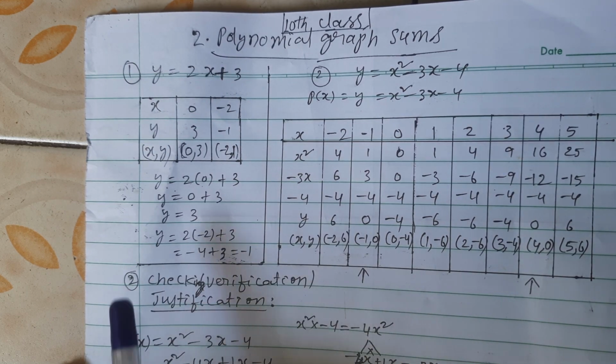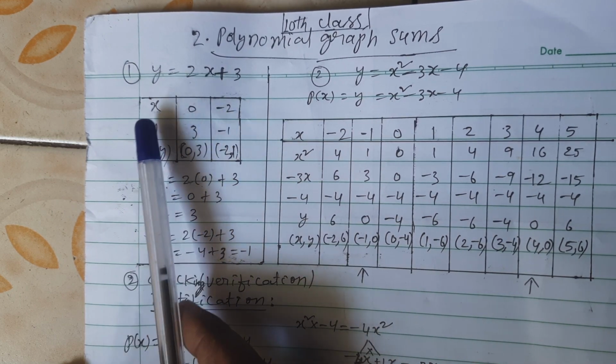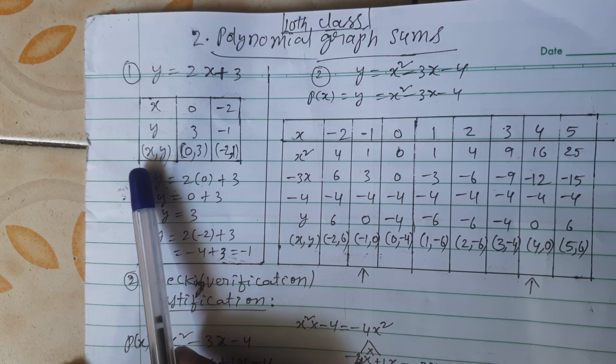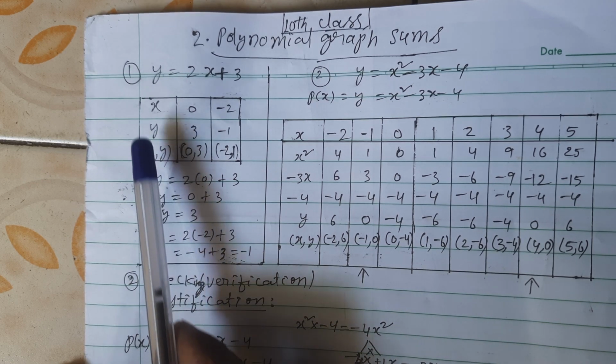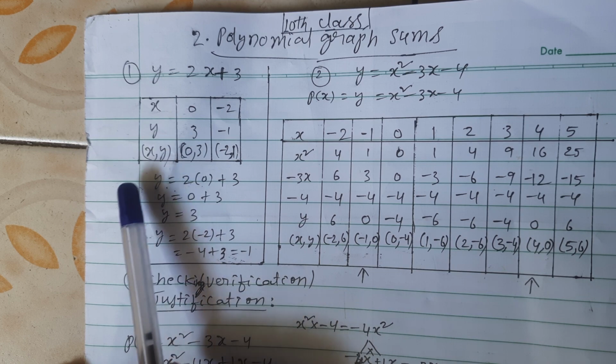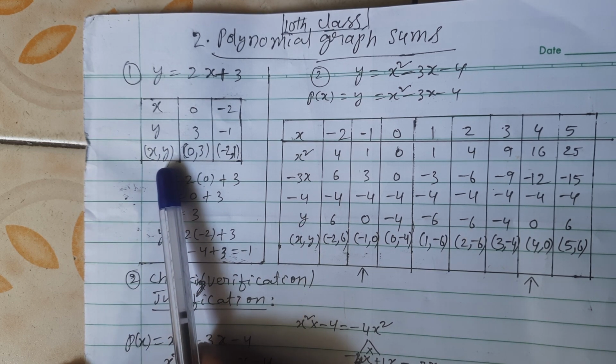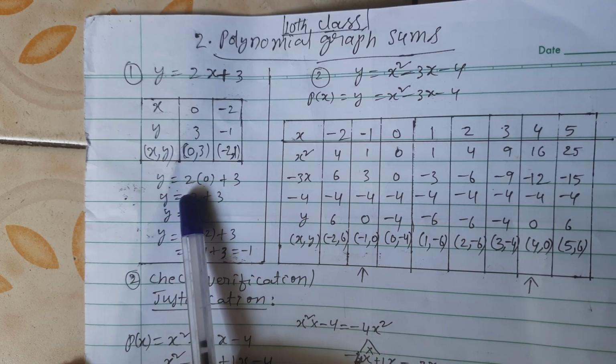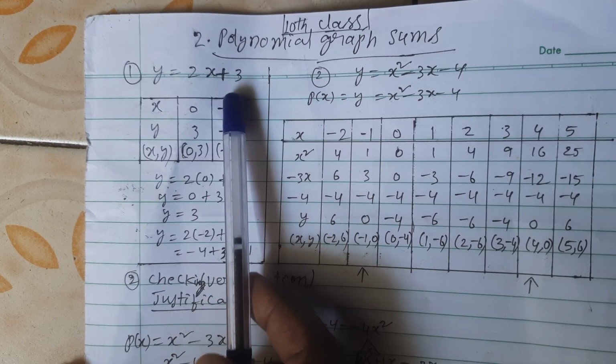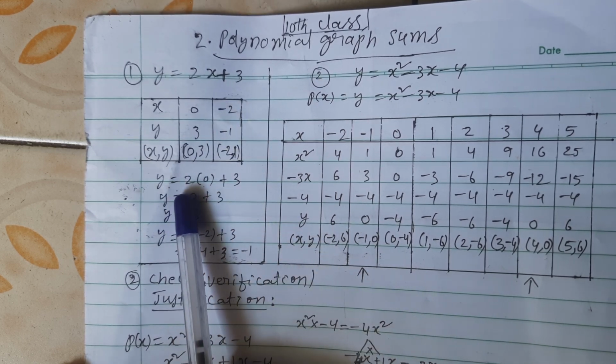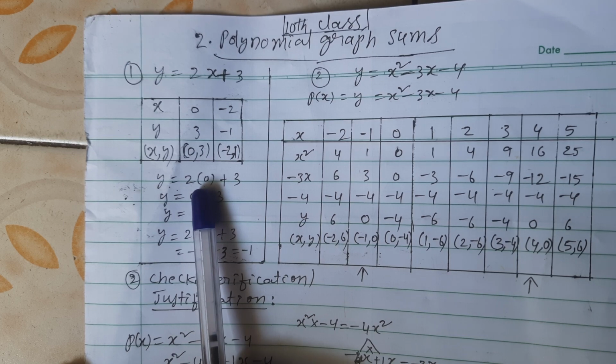Now we are going to take a coordinate table, x comma y. See, x in one column, y in another. So you take an x value. Here y is equal to 2x plus 3, so y is equal to 2 into 0.